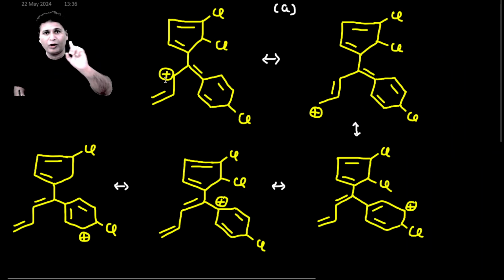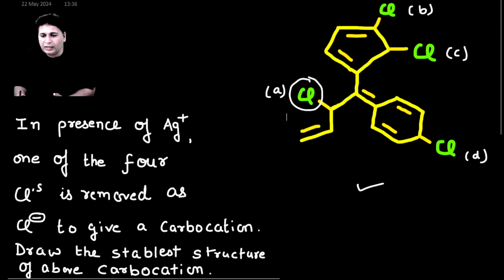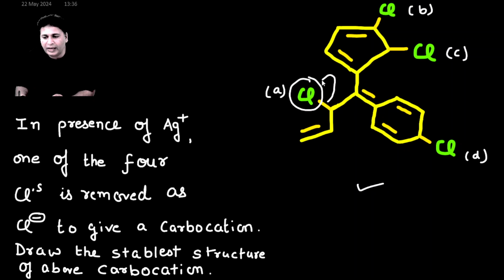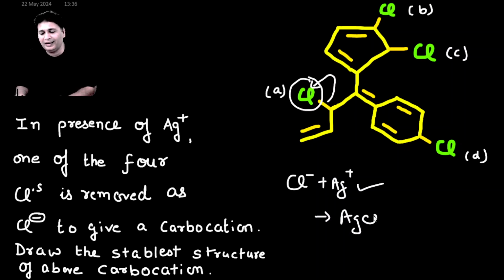Once this Cl goes away, it takes up both the electrons and gets removed as Cl-, and it ties up with Ag+ to make a stable compound, AgCl.